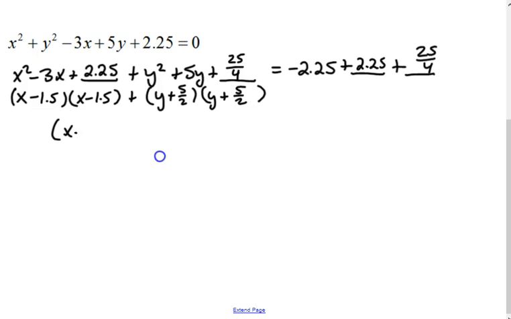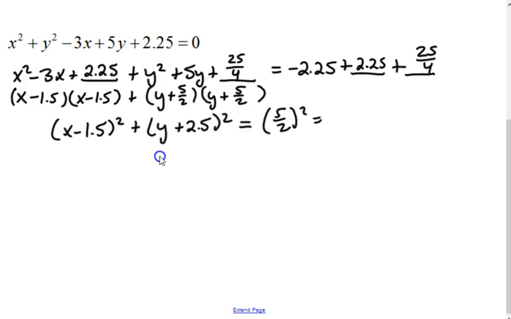So this is x minus 1.5 squared plus y plus 2.5 squared is equal to 25 fourths. Well, 25 fourths is the same as 5 halves squared, or 2.5 squared. The reason I'm doing that is that's going to be my radius then.